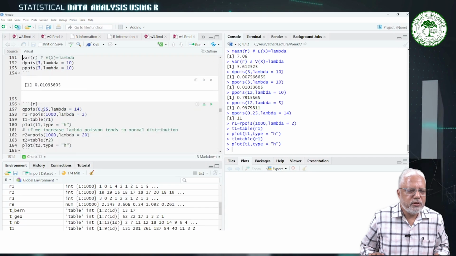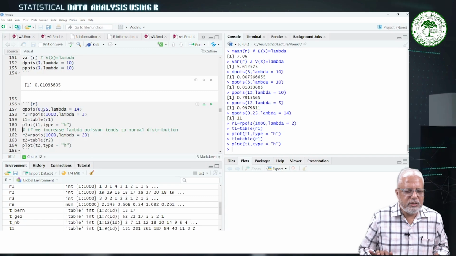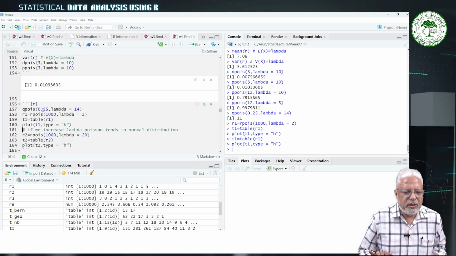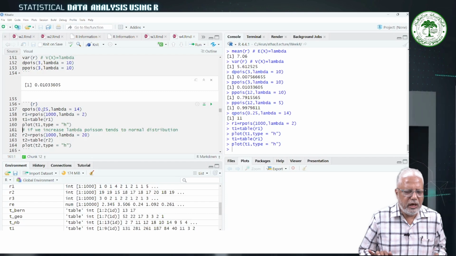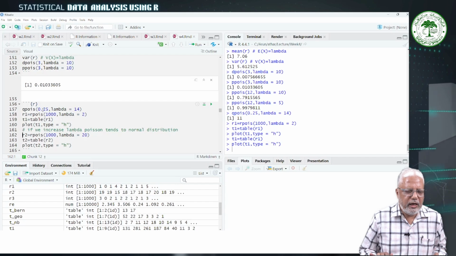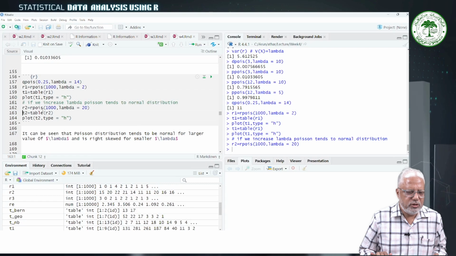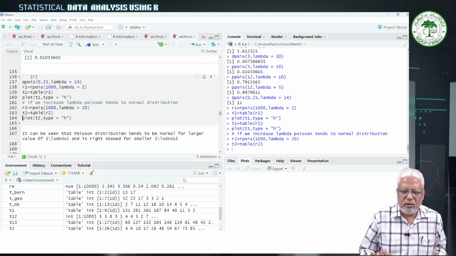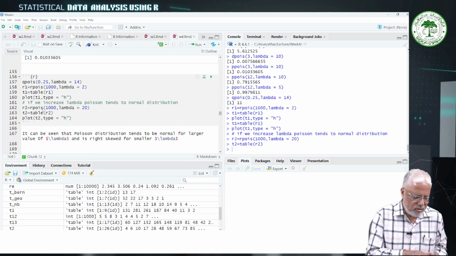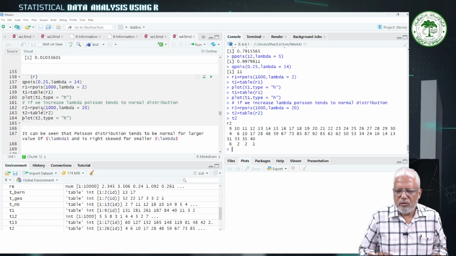Now suppose we increase lambda, Poisson tends to be normal. So here instead of 2, we have lambda equal to 20. Now see what the frequency table is.